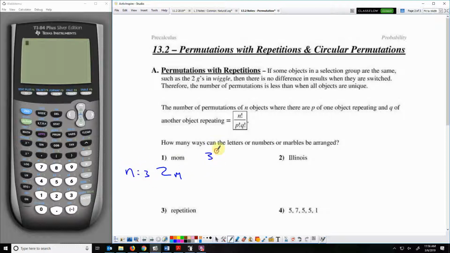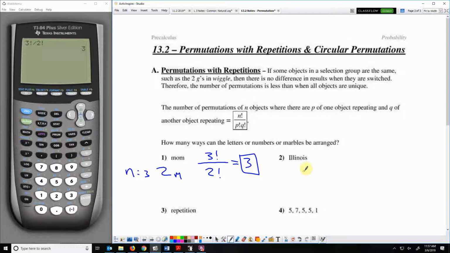So 3 factorial over, and since there are 2 m's, 2 factorial. And we can solve that on the calculator. 3 factorial, math probability option 4, divided by 2 factorial, is 3. There are 3 ways to rearrange these letters.